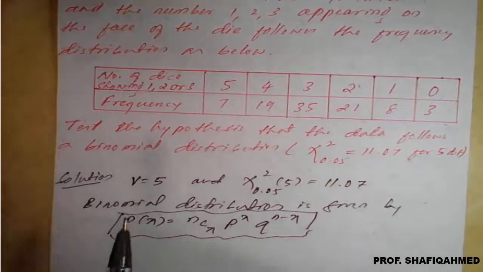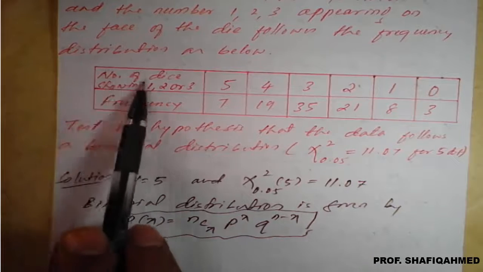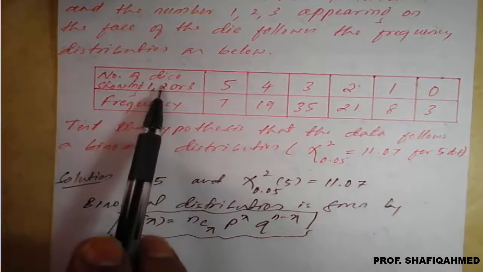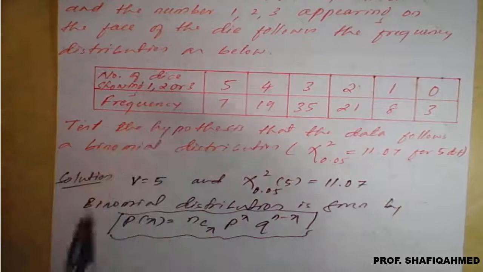We are doing the experiment by using dice. So here what is the probability? It means the number of dice showing 1 or 2 or 3 on the top faces. So how to find the probability here?